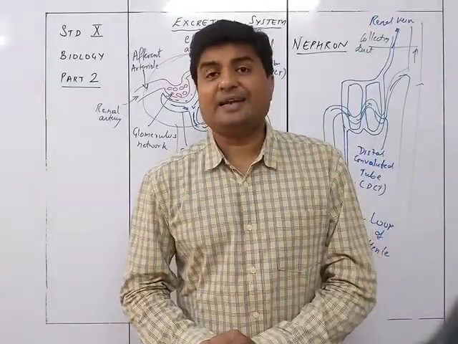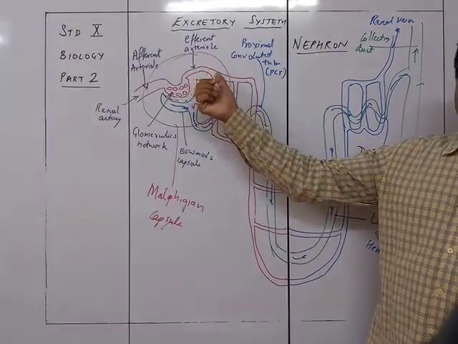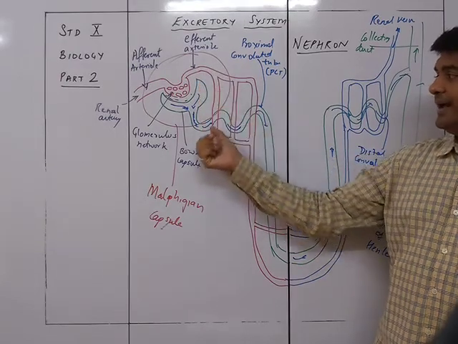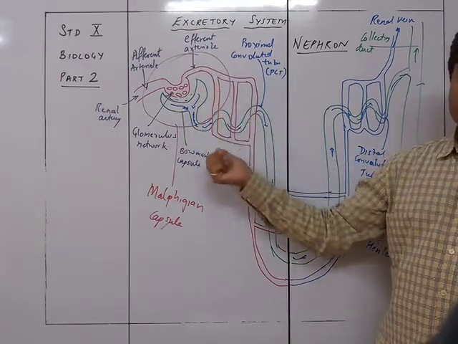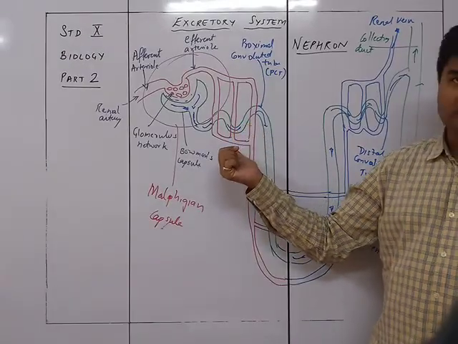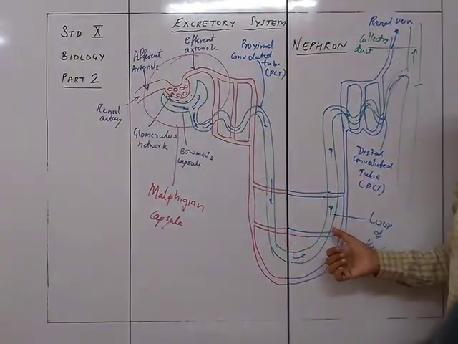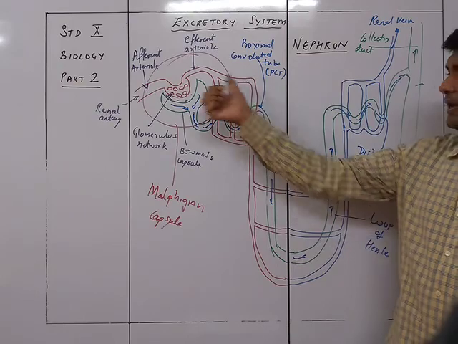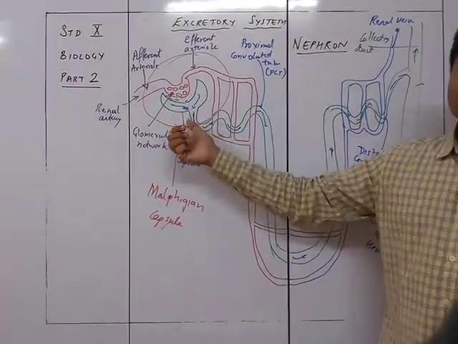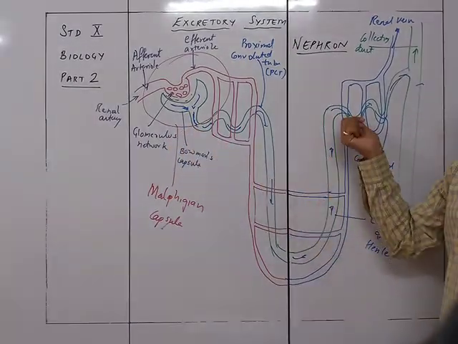So the second stage is reabsorption. This thick filtrate is going to come over here and reabsorb the fluids and the salt which are required by the blood for its normal functioning. You can also see that I have given this as red color and then converted it into blue. That shows that the oxygen carried by the renal artery for these nephrons is going to be taken away, and over here it becomes carbon dioxide.